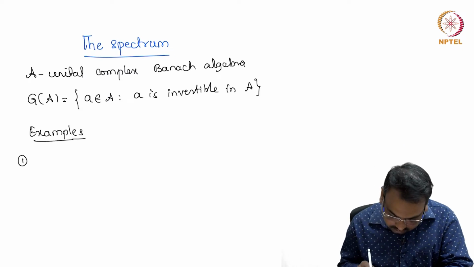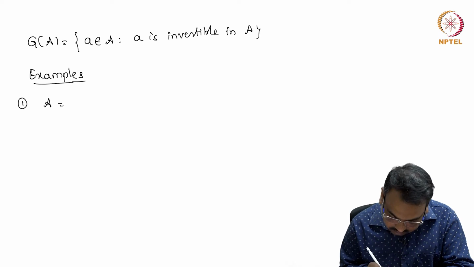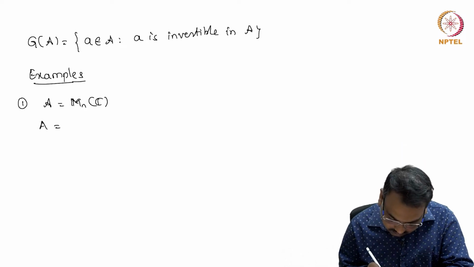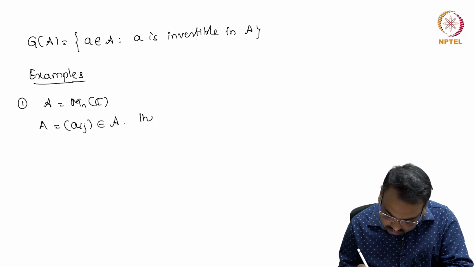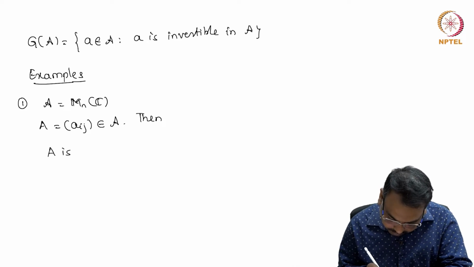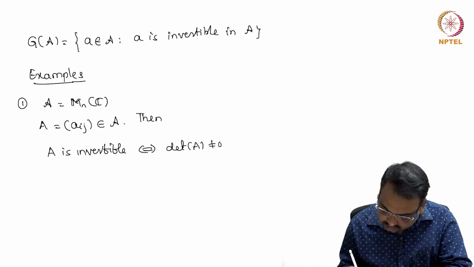Let us take A to be the set of all n by n matrices, and if you take a = (a_ij) in A, then we know that a is invertible if and only if the determinant of a is non-zero.